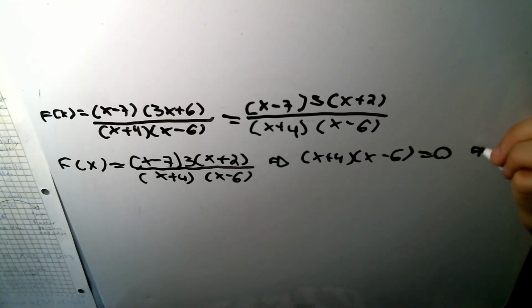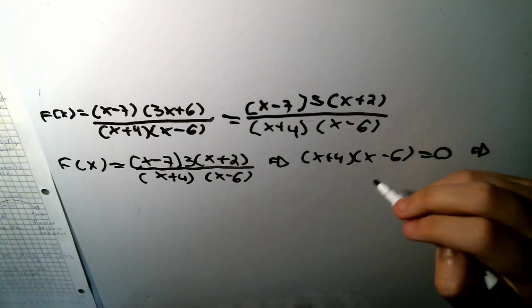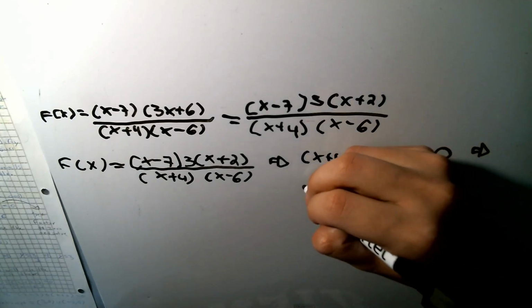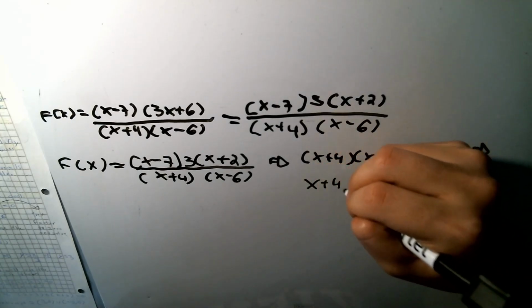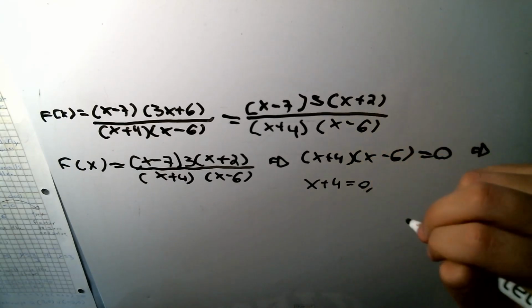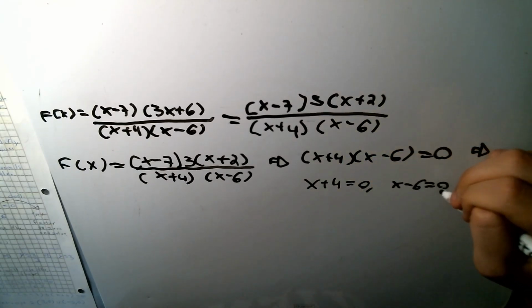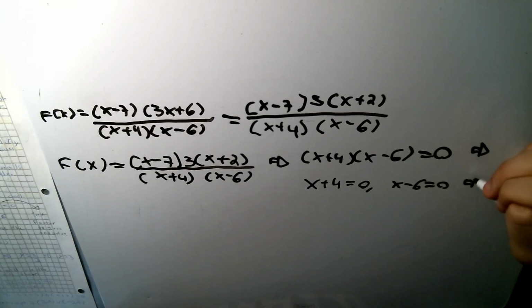Therefore we get x plus 4 equals 0 and x minus 6 equals 0. Therefore x equals minus 4 and x equals 6.